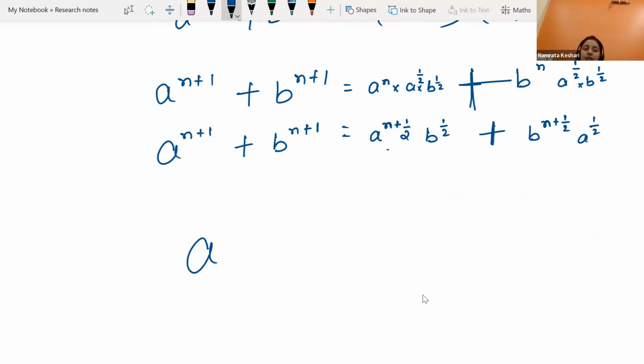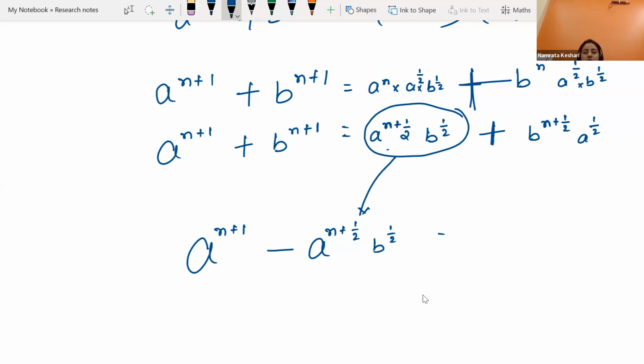So if we write a to the power n plus 1 minus a to the power n plus 1 by 2 b to the power 1 by 2, this total term I have shifted to this side, and the other term I am keeping on the other side. For now I am keeping it like that, a to the power 1 by 2 minus b to the power n plus 1. Can we write like this, Ali and Alina, or does it create confusion when I put the bracket? Can we write it like this?